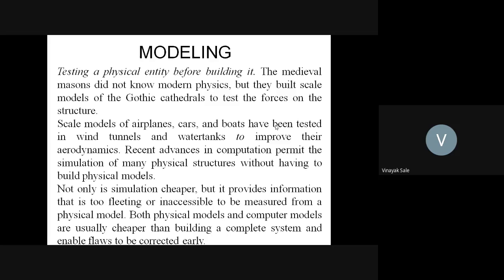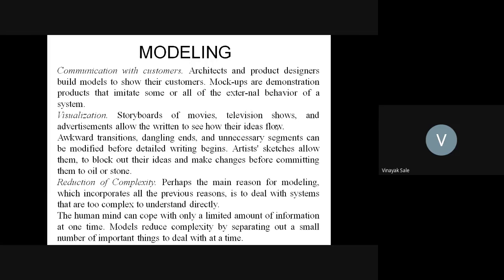Both physical models and computer models are usually cheaper than building a complete system and enable flaws to be corrected early. Then the second one is communication with the customer.